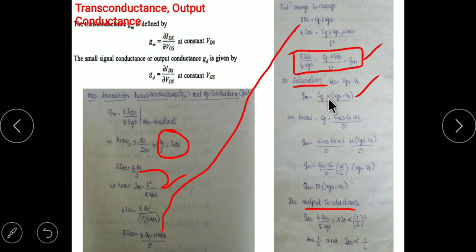gm is equal to Cg into mu into (Vgs minus Vt) by L square. So omega naught is equal to Cg into mu by L square into (Vgs minus Vt) whole divided by Cg. Cg and Cg get cancelled, remaining mu by L square into (Vgs minus Vt).